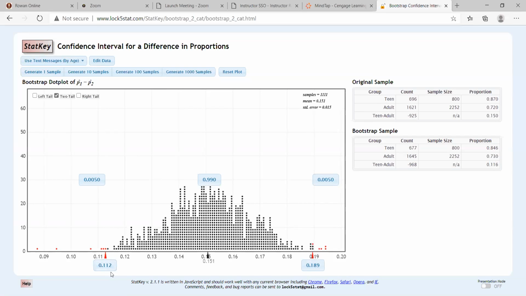All right, and the interval goes from 0.112 to 0.189, and we would say we're 99% confident. Now, the way to interpret this is a little different than when we just have one proportion.